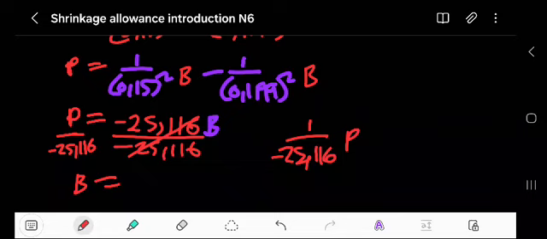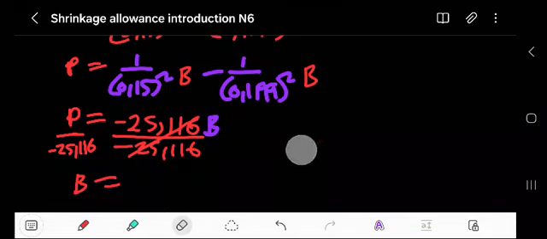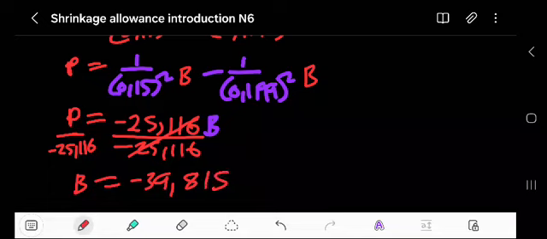Negative 39, as you can see, you'll accurately have negative 39 comma, on my calculator 815, but here there is 2. Let me just round it to 3 decimal digits. Then I'll say times 10 to the power of minus 3.